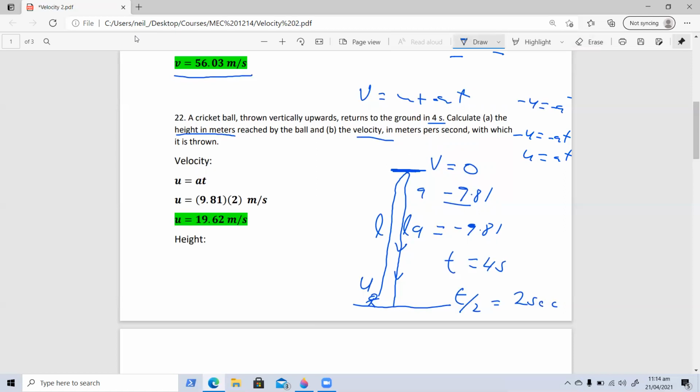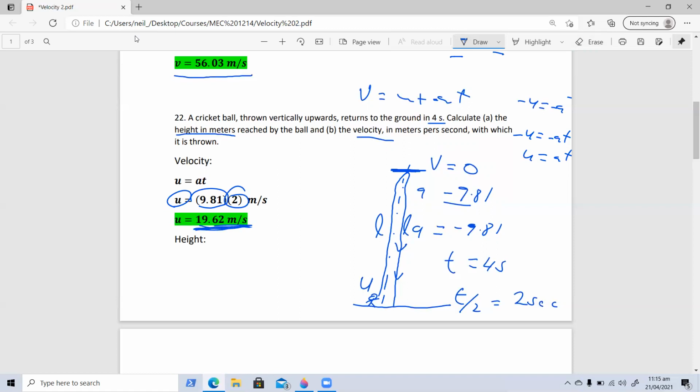So plugging those values in, U is what we want to find. Acceleration is acceleration due to gravity, 9.81. And the time, as I said, because this path is symmetrical, right? We go up and then we come back down. So it's symmetrical, so we divide by 2, T divided by 2. Multiply 9.81 times 2 is equal to 19.62 meters per second.